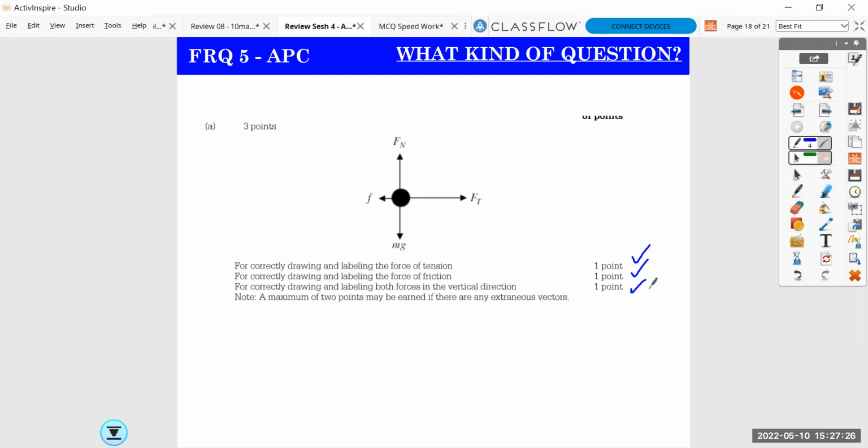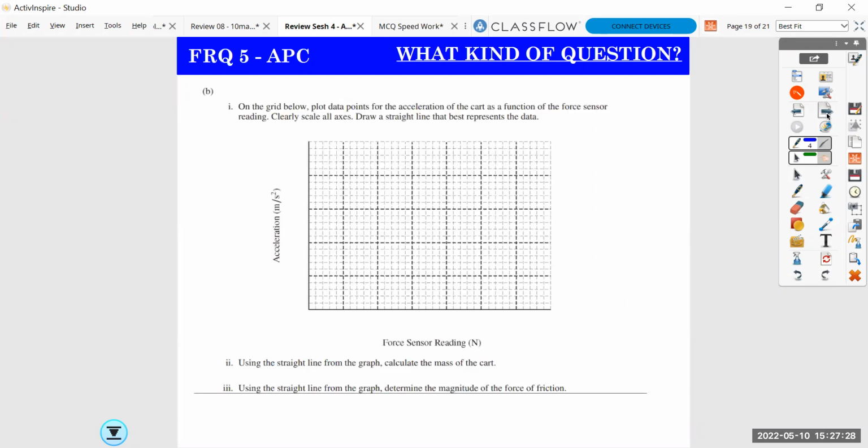And then they give you a bunch of data, and they ask you to make a graph, which I didn't actually put the data in here, did I? That's fun. I didn't actually put the data in here. So let me go grab the data real fast. Stand by as I get the data.